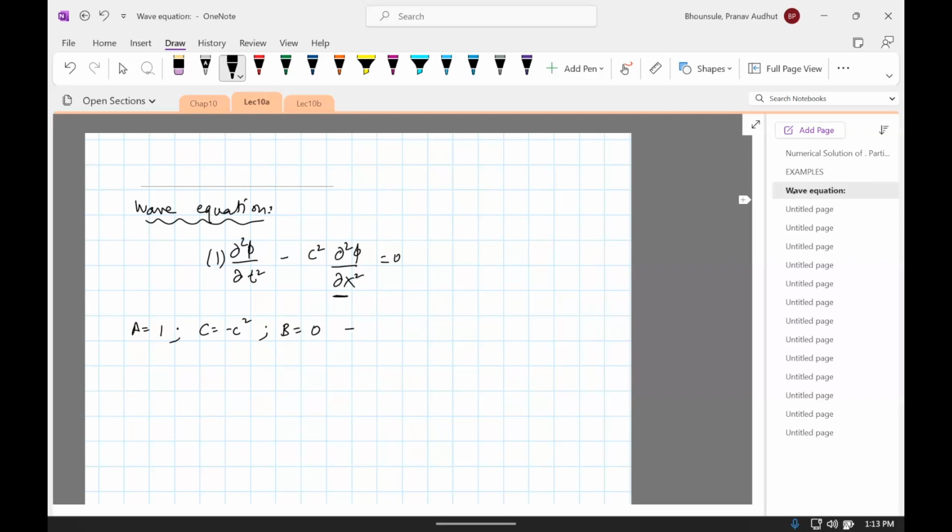So we can see that B square minus 4AC equals 0 minus, there's a minus here, so it'll be 4c square, but whatever the value of c is, 4c square has to be positive. That's a square. So this term is greater than 0, so it's a hyperbolic equation.